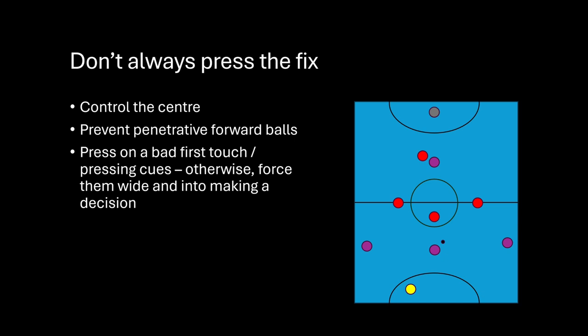But for me, the most important thing, particularly against the stronger teams who are more technical and are going to have this strong fix in play, is that we stop the ball going straight through into their pivot player. So maybe it's a case of delay, force them wide, and make them make that decision to do something different, other than giving them that easy option to play straight through.